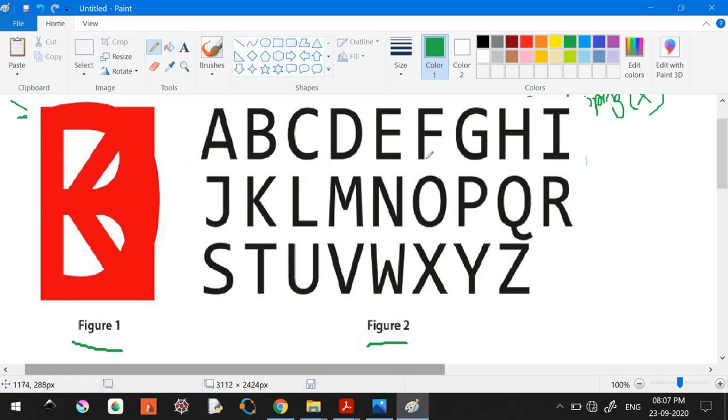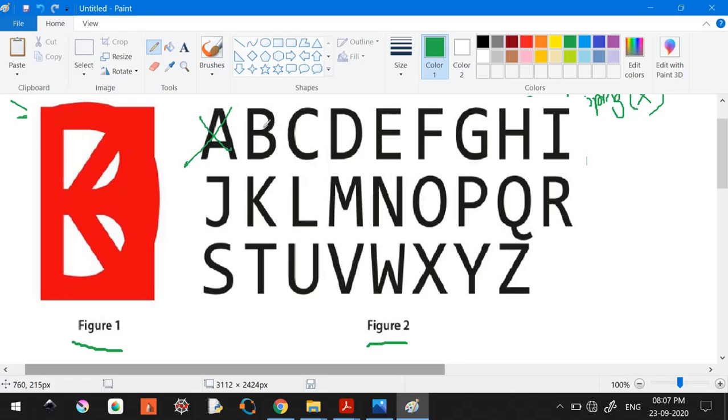Yeah. So A needs this slant. What do you call this? Okay, this slant thing, which is actually not possible here. I cannot draw here, right? So actually A is not possible. Let me erase it.